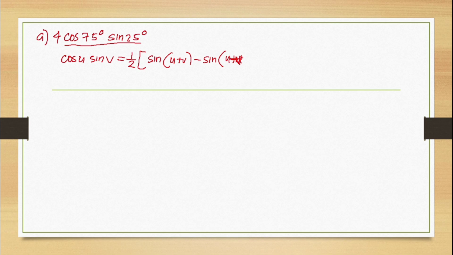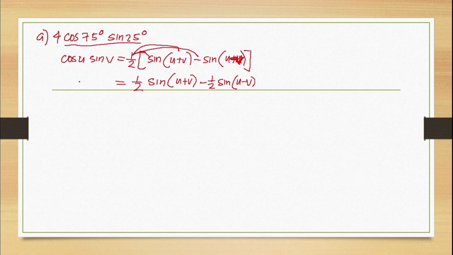So this is in the form of cos u sine v, and it is minus actually. We distribute the 1/2, so this becomes 1/2 sine (u plus v) minus 1/2 sine (u minus v). This is the answer for cos u sine v.